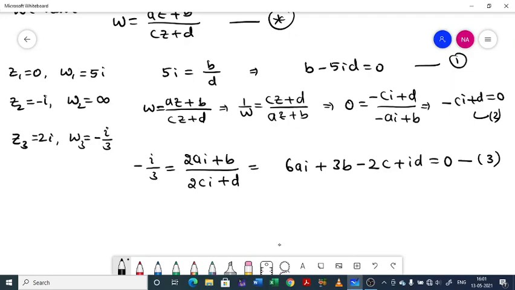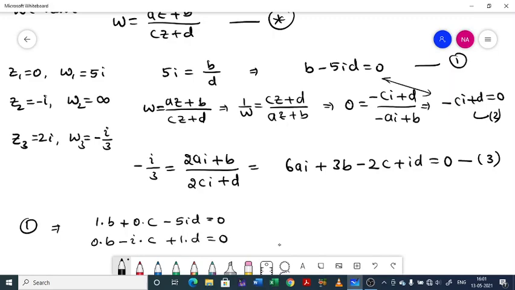Now this as b and d, this as c and d, as these two we can use for cross multiplication rule. So from equation 1 we can write b, c, d are the variables, right? So 1 into b plus 0 into c minus 5i into d equal to 0, and from equation 2, 0 into b minus i into c plus 1 into d equal to 0.